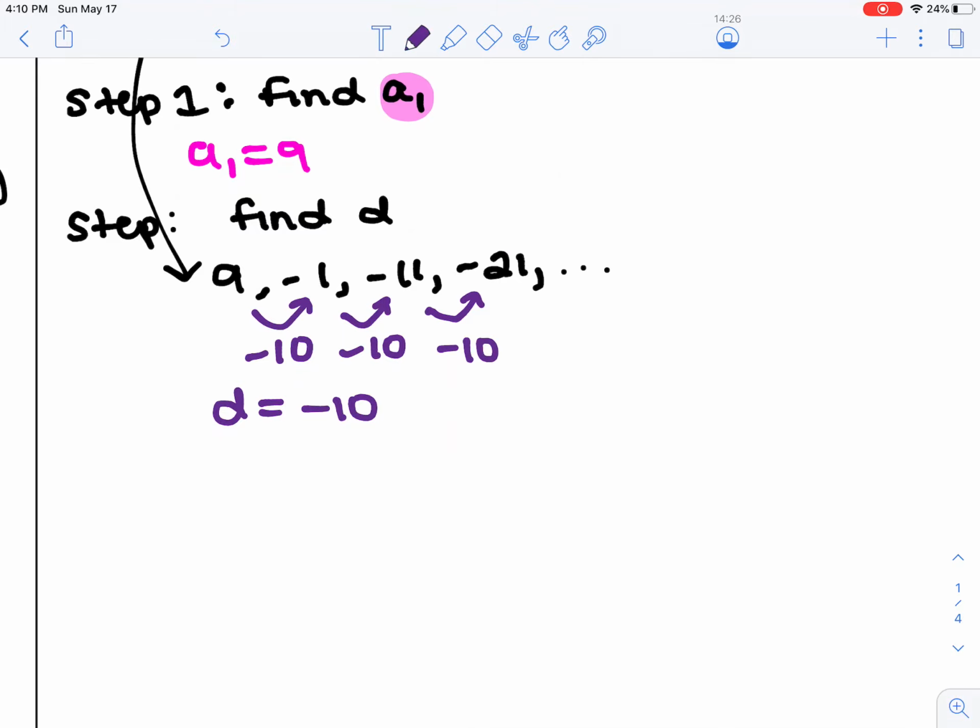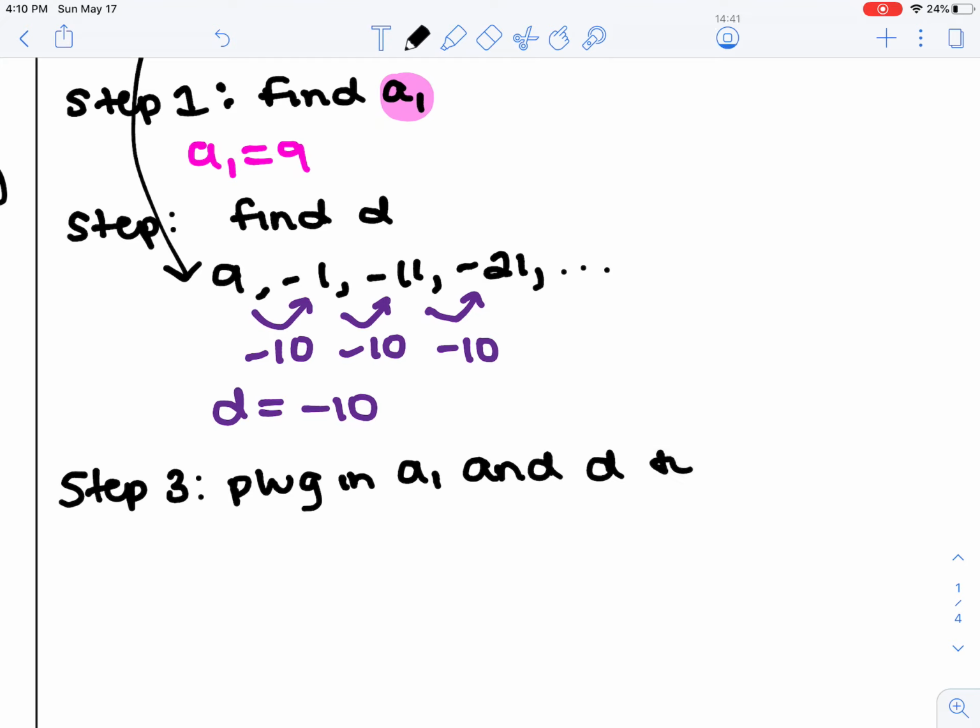So next what we can do is grab those values and plug them in. So plug in our a sub 1 and our common difference to the equation a sub n equals a sub 1 plus d times n minus 1, right?